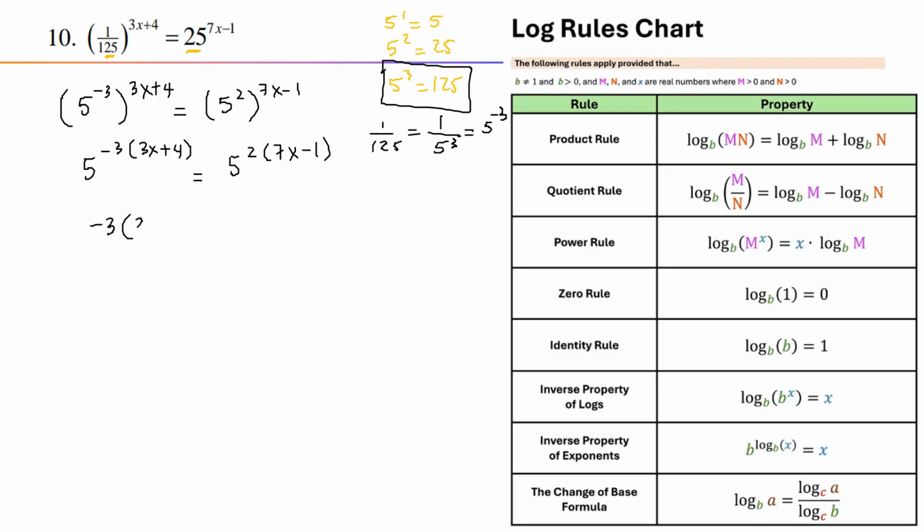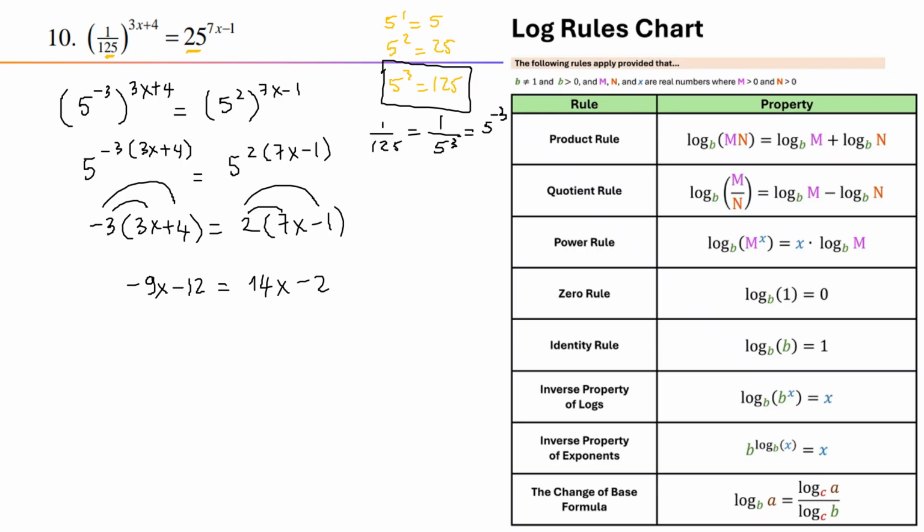So negative 3 times 3x plus 4 equals 2 times 7x minus 1. Now we distribute: negative 3 times 3x is negative 9x, negative 3 times 4 is negative 12. Equal, 2 times 7 is 14x, 2 times negative 1 is negative 2.